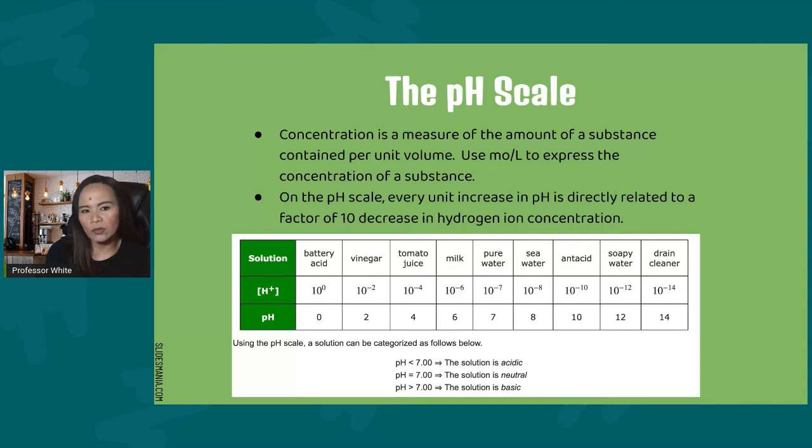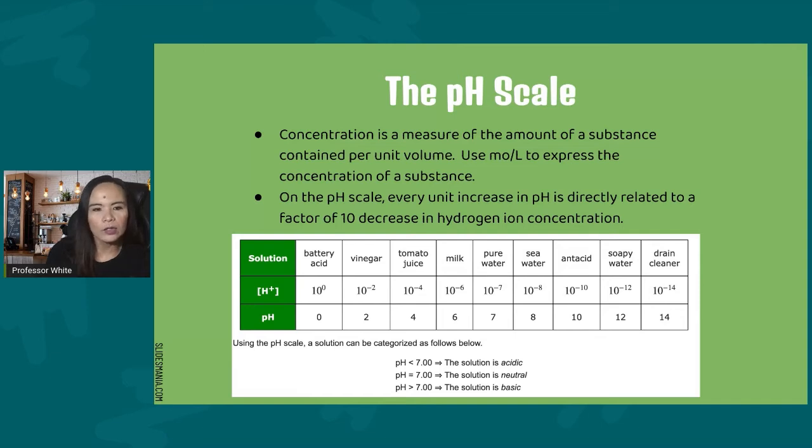As you move to the right, vinegar has 10 to the negative 2. If you are curious what negative 2 means, it's basically moving the decimal point to the left of your 1, so 0.01. That's the hydrogen concentration of vinegar, which has a pH of 2.